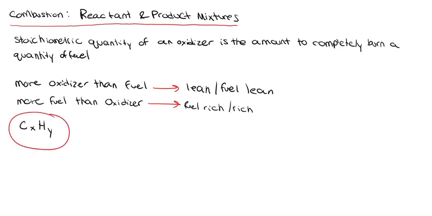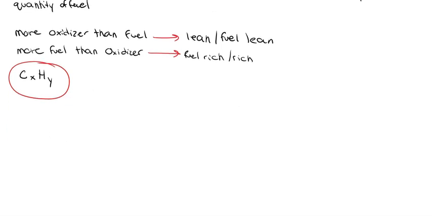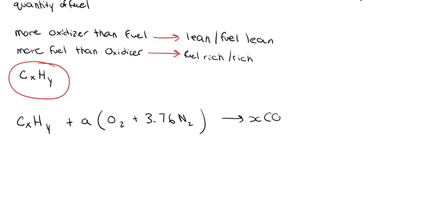Again, considering that we have a hydrocarbon, we would write this equation as follows. We have O2 plus 3.76 N2. Now you may be wondering, why do we have this 3.76 here?